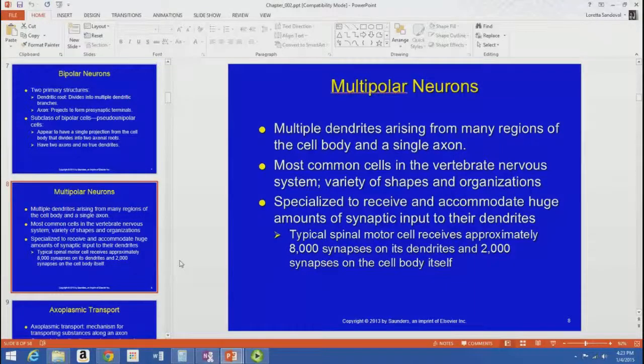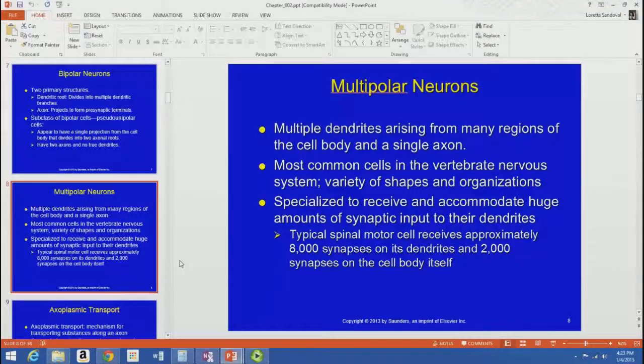So we'll talk about different types of synapses. A lot of times we'll say the axodendritic synapse, so that's between an axon and a dendrite. That's those 8,000 synapses on a spinal motor cell. There's the axosomatic synapse, which is an axon synapsing on the cell body itself.